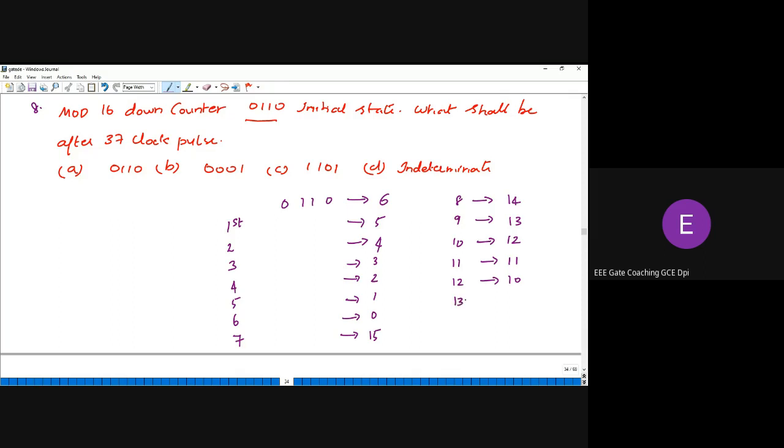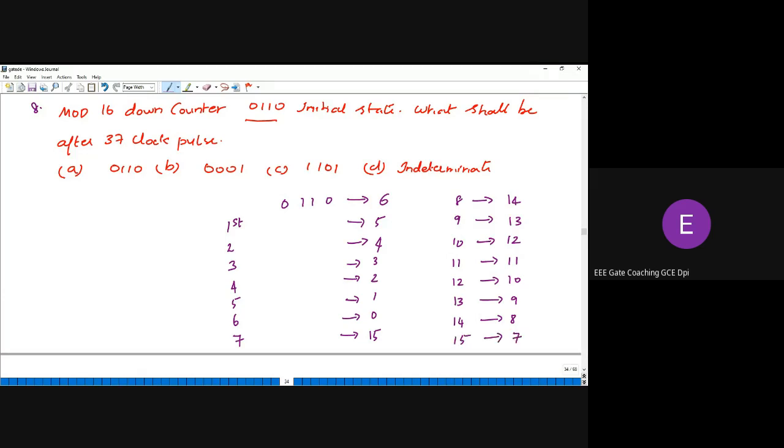In 13th clock pulse to 9. 14th clock pulse to 8. 15th clock pulse to 7.